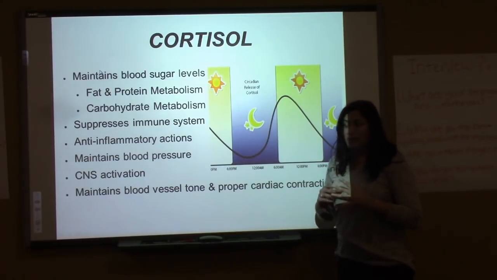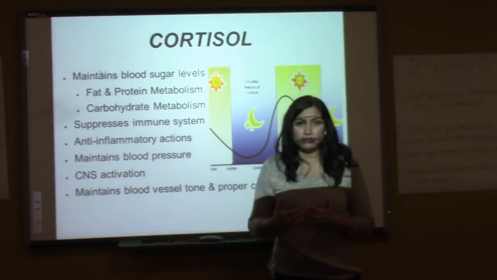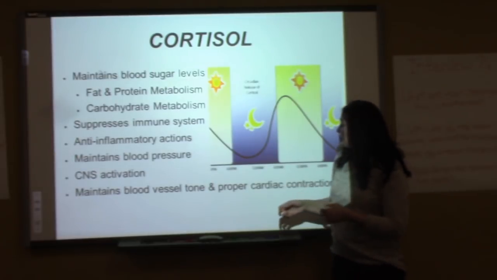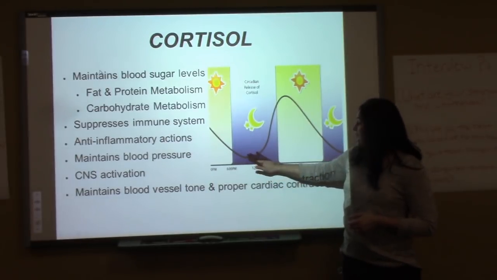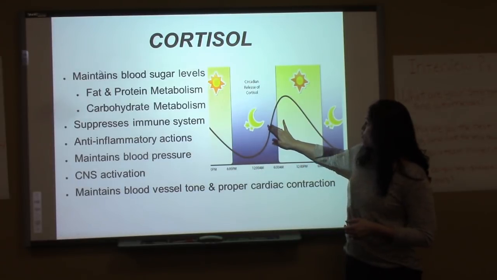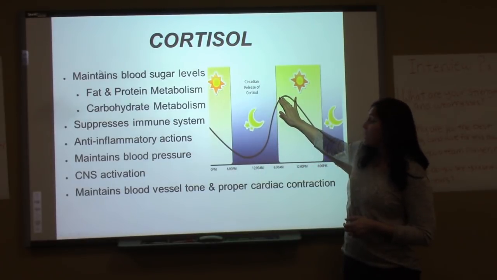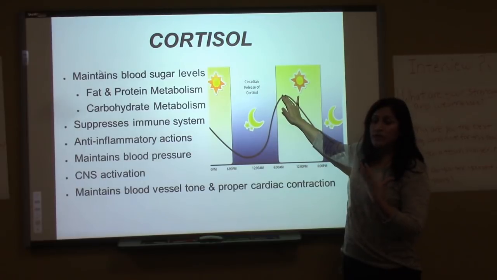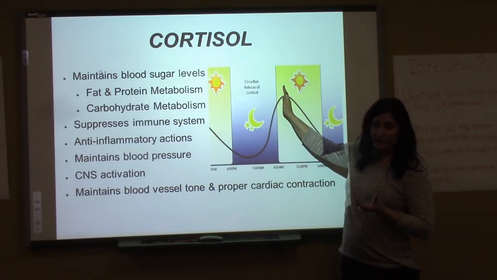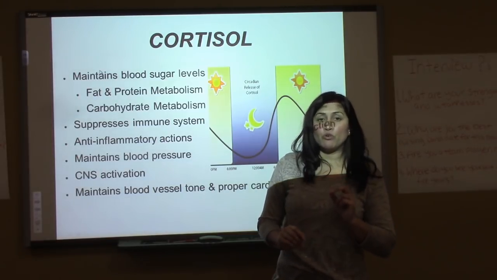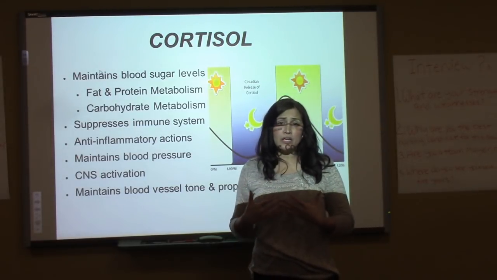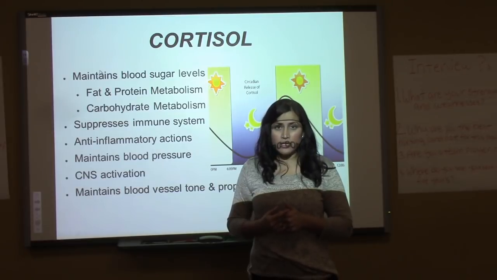Now, cortisol has a rhythm, okay? There's a daily rhythm. Cortisol is the lowest basically at midnight. And as you start approaching daylight, as you approach your time to wake up, it peaks. So cortisol peaks 1 to 2 hours before you wake up. Waking up is a stressful situation for your body.